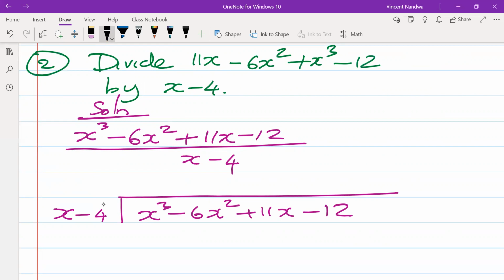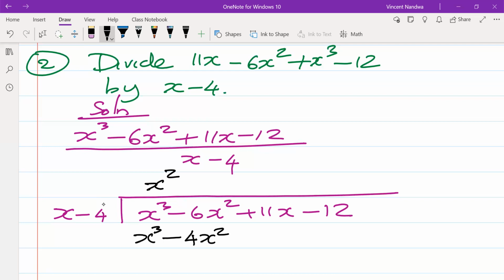What was the first step after writing this? You look for a number that when you multiply by x, you get x cubed. What you multiply by x to get x cubed is x squared. So you write x squared there. x squared by x is x cubed. x squared by minus 4 is minus 4x squared.